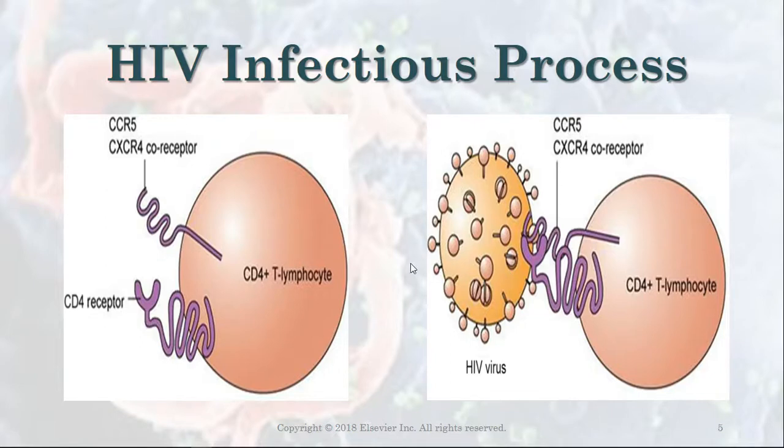That's why we can call HIV an intracellular parasite, because it works by hijacking your CD4 cells, depositing its genetic information into them, and using the CD4 cells' genetic machinery to reproduce itself.